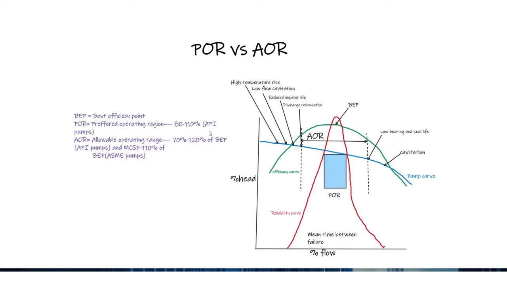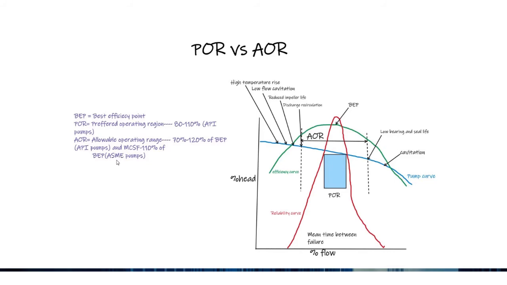If we talk about the standards, for API 610 pumps, the allowable operating range is defined as 70% to 120% of best efficiency point.